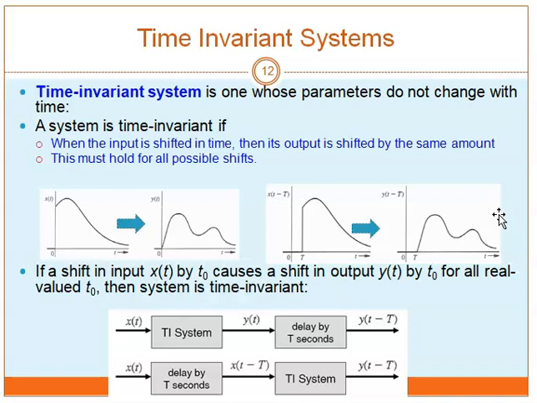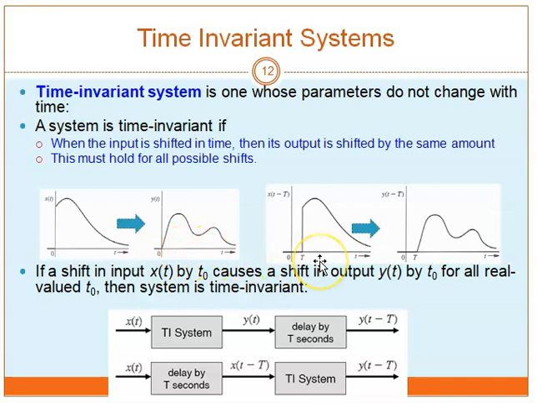A time invariant system is one whose parameters do not change with time. A system is time invariant if, when the input is shifted in time, its output is shifted by the same amount. If you refer to this diagram, when you have x(t), which starts at 0, you produce an output that also starts at 0.